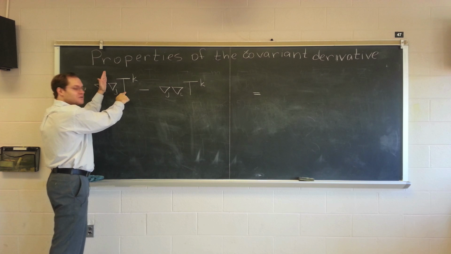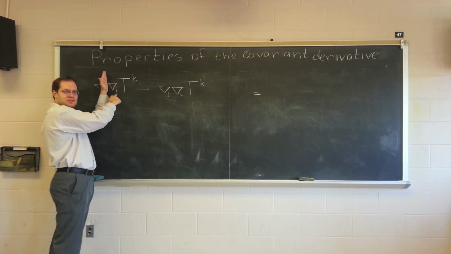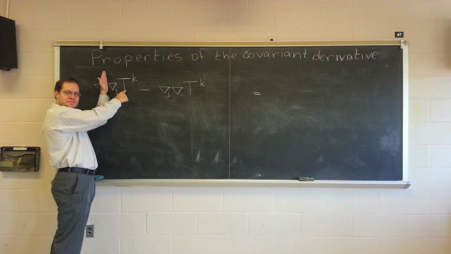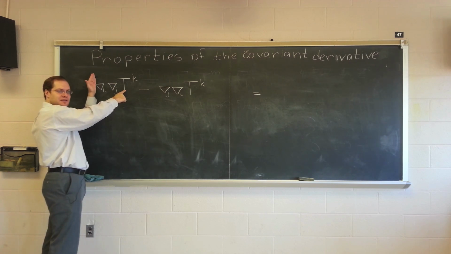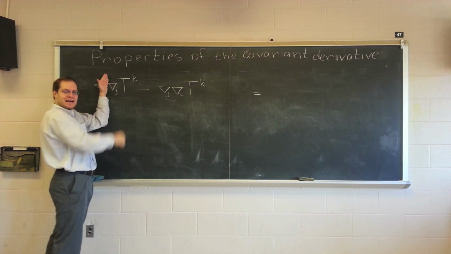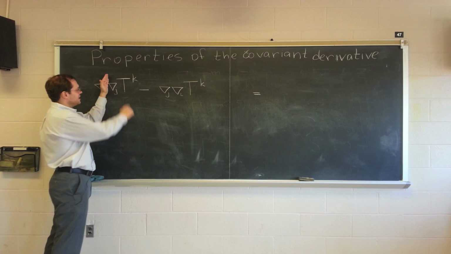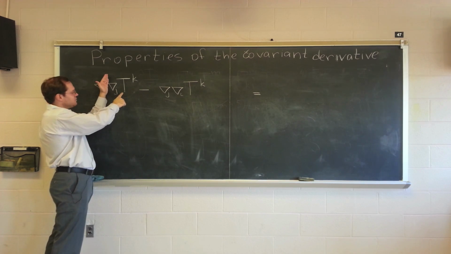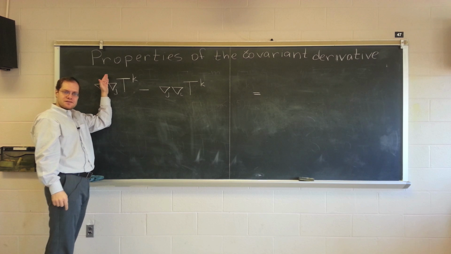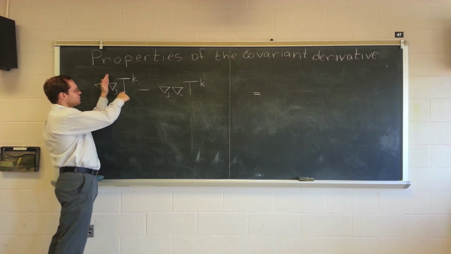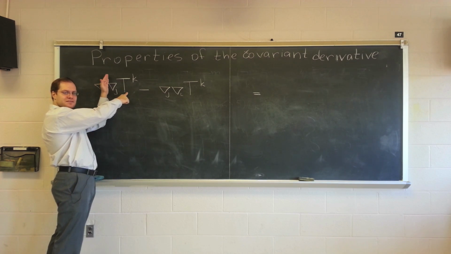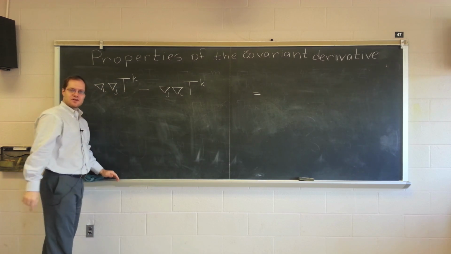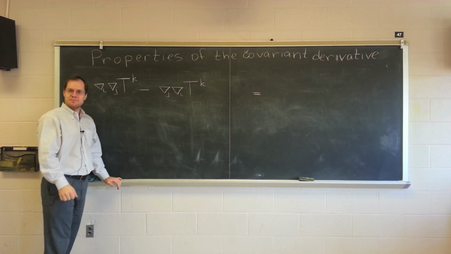So this will be one partial derivative and one Christoffel symbol that multiplies this tensor again. And when you apply this symbol to it, you'll get a partial derivative of that. So we'll have a second derivative of the tensor itself, combined with the first derivative of the Christoffel symbol, and another first derivative of this tensor, minus two terms, and each one of them will have two Christoffel symbols in it.